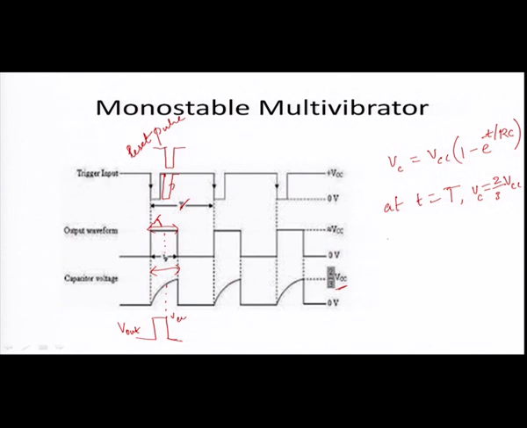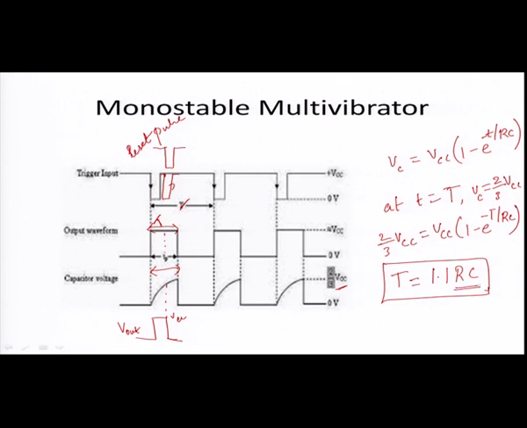So, substitute here: 2 by 3 Vcc is equal to Vcc into 1 minus e power minus capital T by RC. After simplification and taking natural logarithm, you will get T as 1.1 RC. This you have to remember while designing the monostable multivibrator using 555 timer.